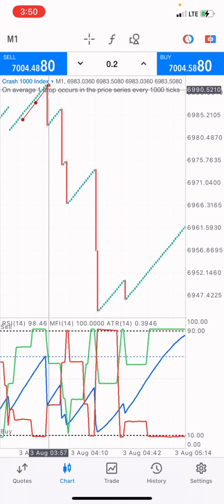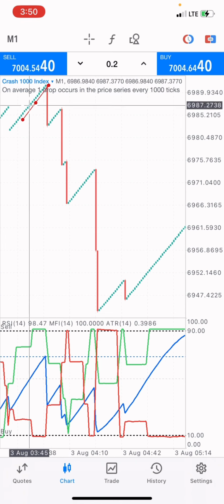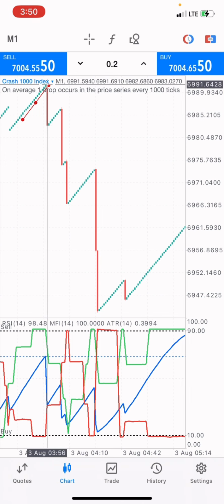This is the profit you're going to make from this spike. You can see this line is equivalent to this spike line.